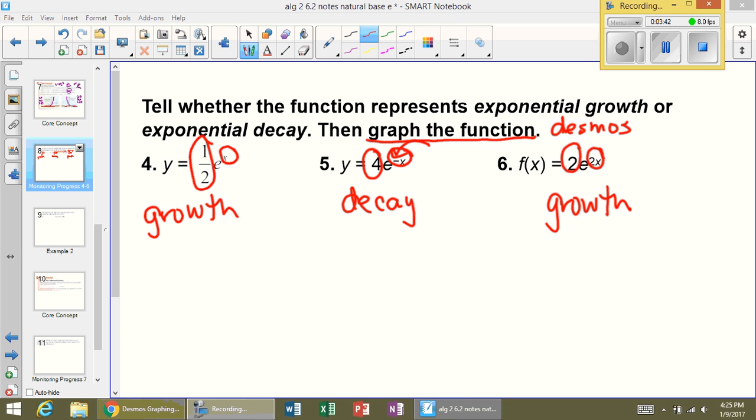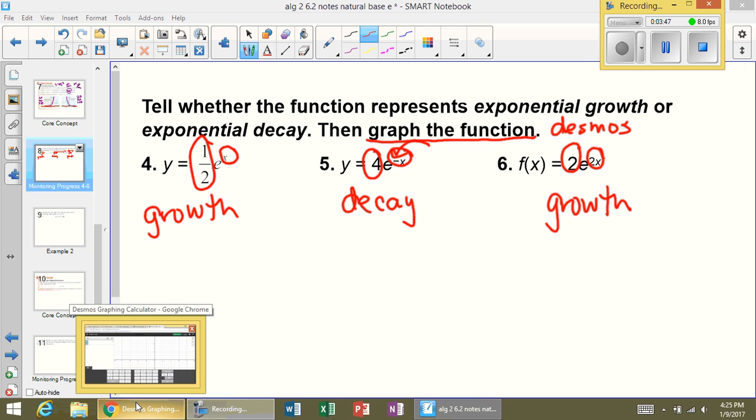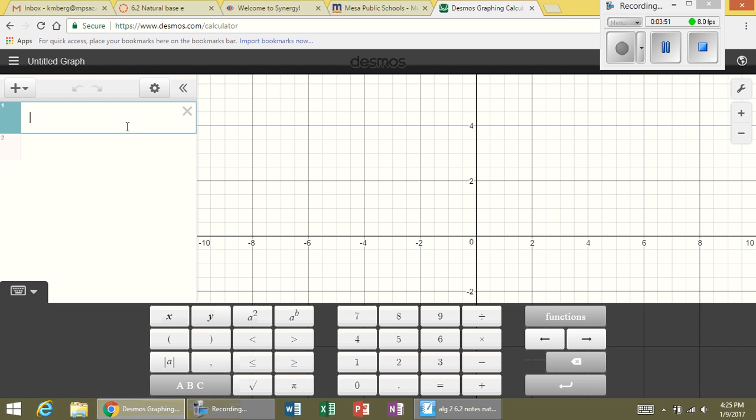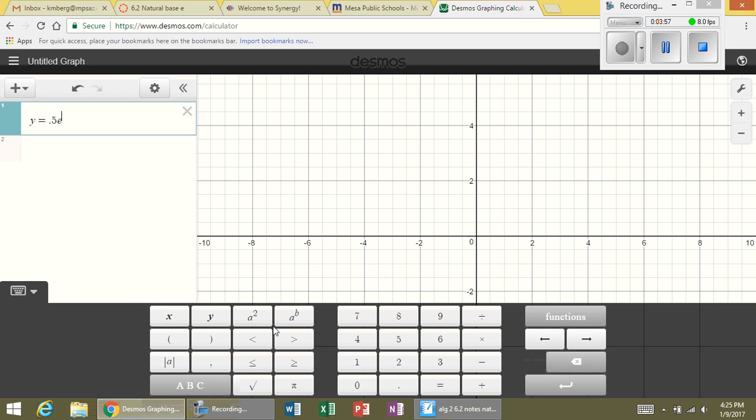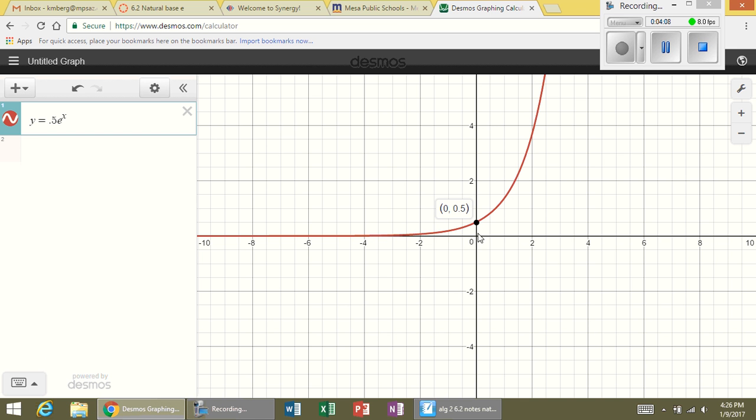All right, so we're going to go to Desmos. I have my desktop now set up to have Desmos here. We're going to graph 1/2 e to the x. So I'm going to say y equals 1/2 is 0.5 e, and then here's my exponent to the x power. So here is my e to the x, and remember the three ordered pairs we wanted are going to be at 0, and this is 0.5.